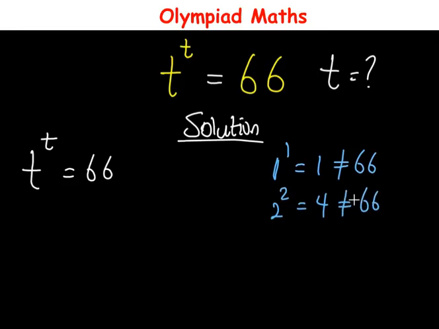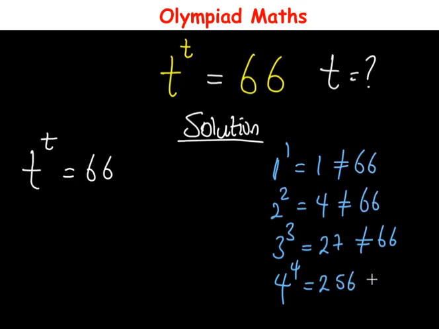If you try 3, 3 raised to power 3 is equal to 27, not 66. If you try 4, 4 raised to power 4 is equal to 256, and this is not equal to 66.